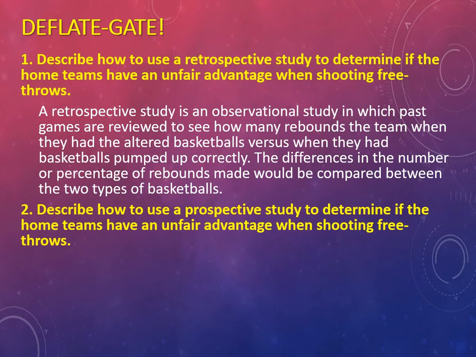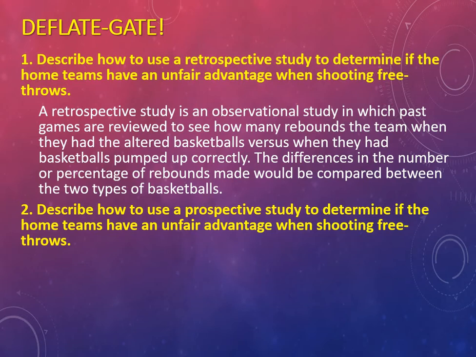So then what we're going to do, and this is very important, you need to talk about your response variable. What is it that I'm looking at? I'm going to either look at the number or the percentage of rebounds that we made in each of those. So you're going to compare the difference between your rebound average or rebound totals, however you want to talk about that.